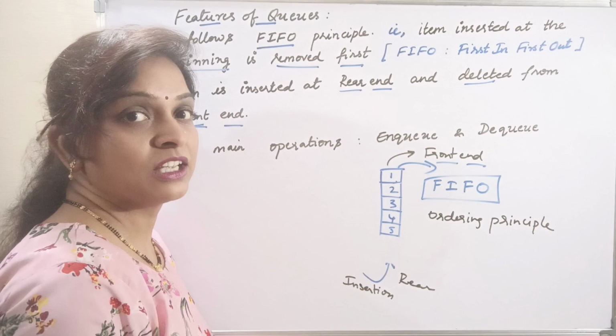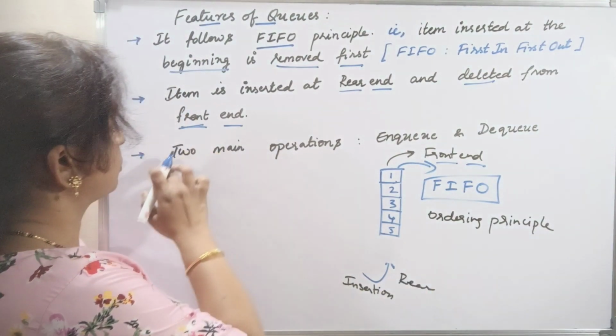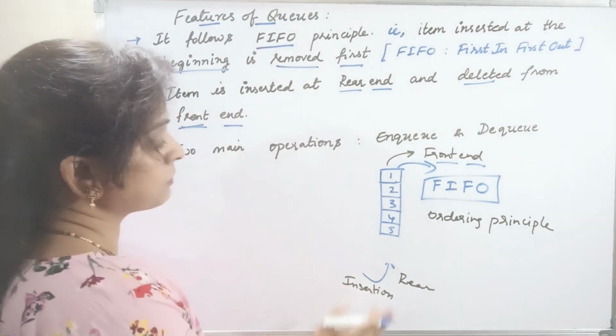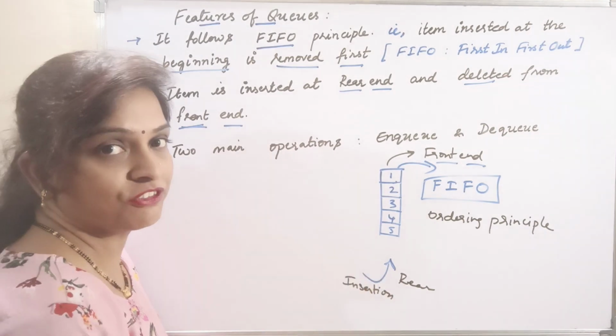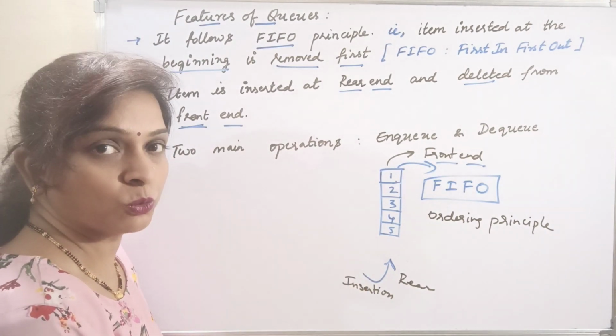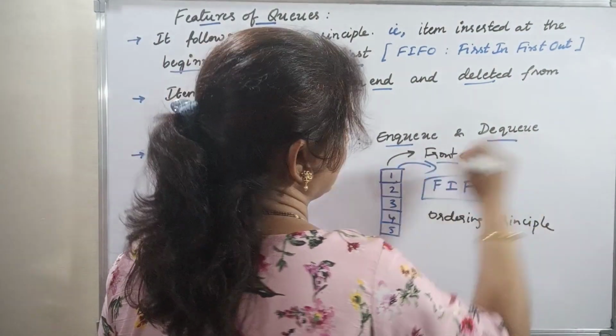Insertion from the rear end. So here it says the item is inserted from the rear end and it is removed from the front end. Two different ends we follow for Q. And the two major operations here are NQ and DQ.